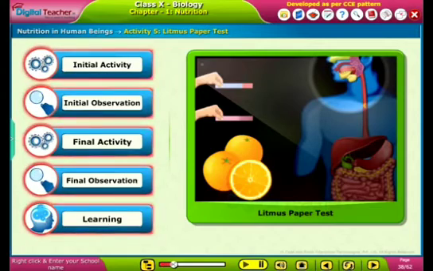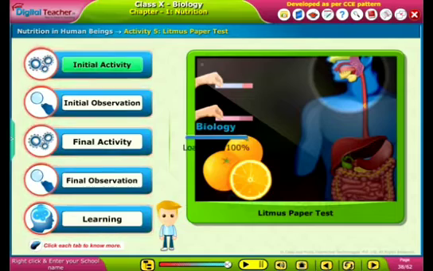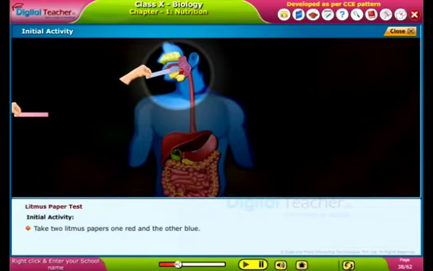Here, let us perform an activity where the acidic and basic nature of food materials are tested using litmus paper. Click each tab to know more. Take two litmus papers, one red and the other blue.